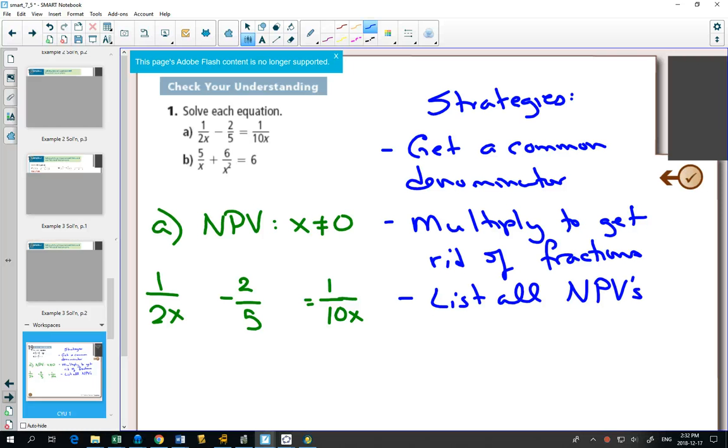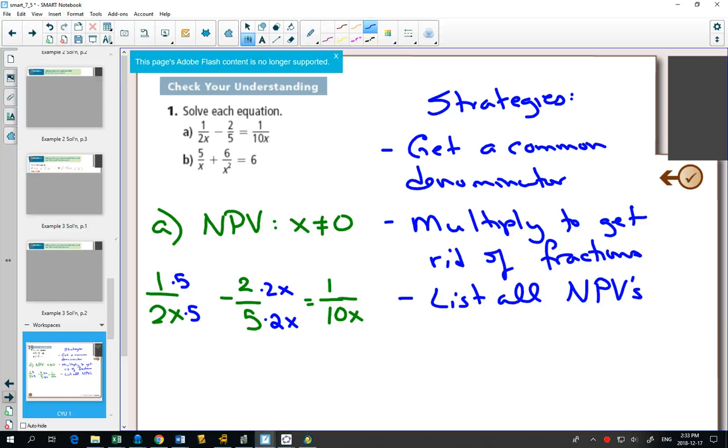So I could multiply the first one by 5 and 5, the second one by 2 and 2, and the third one's already 10, so that would be fine. Exactly. Then if we look at the variables, it needs to be 10x, right? So this one needs an x and an x. This one's already got an x. That one's already got an x.